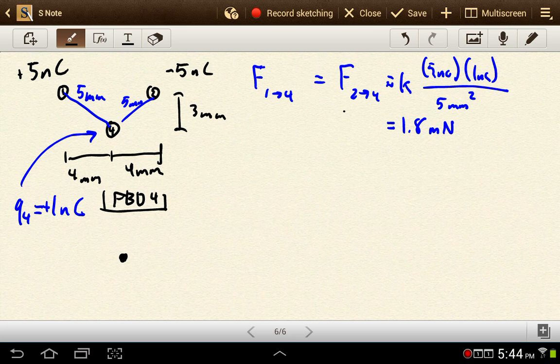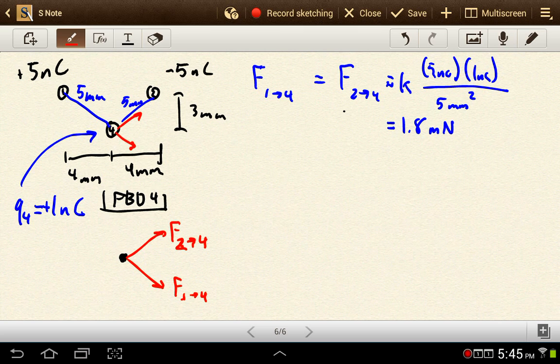So this is the force from 1 on 4, and because it is repelled by charge 1, it's going to go that way. And then it's going to be attracted to charge 2, so the force of 2 on 4 is going to go like that.